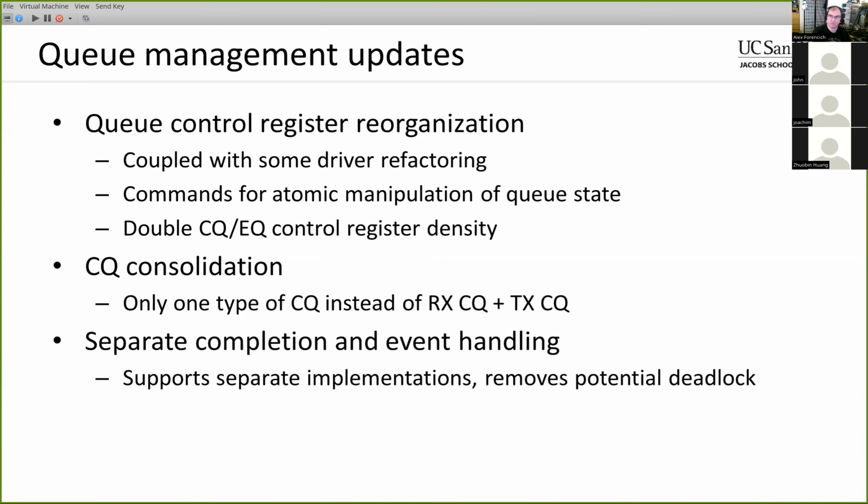And we don't necessarily want to do that with the events. So if we have two separate modules, then that's going to make that implementation more straightforward. Another thing is that there's a potential deadlock that can occur if the completions are what are generating the events. So when you enqueue a completion into a completion queue, that can generate an event. And then that event, if that's getting processed by the same logic, if that logic is exerting back pressure for some reason, then you could run into a situation where you generate an event, but then you can't actually generate the event because there's back pressure.